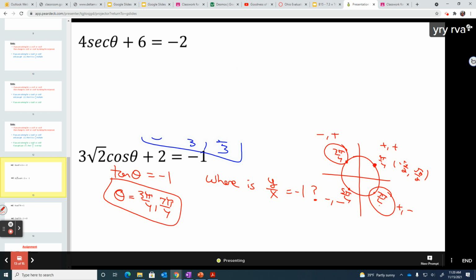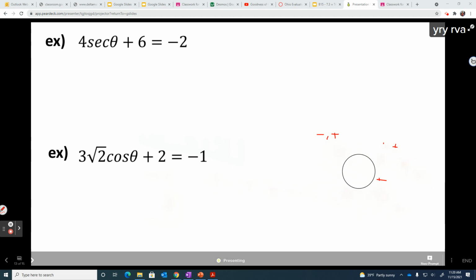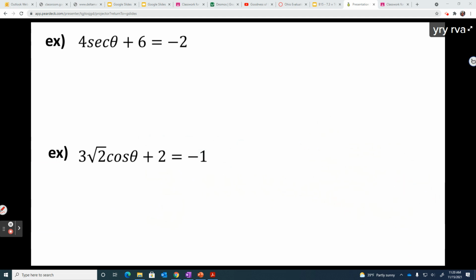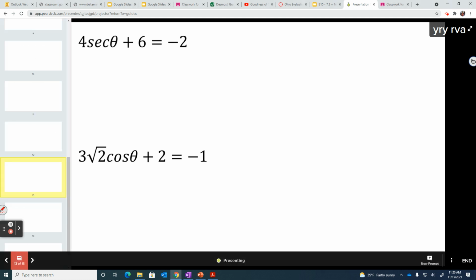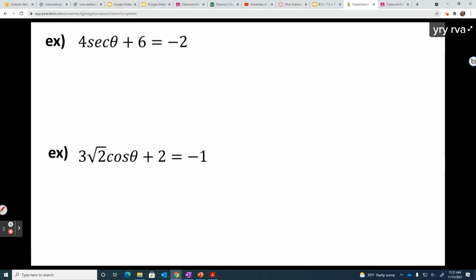All right. So for example, this one, let's do it as we're going here. So if we're asked to solve for a secant, in this case, it could be a cosecant either. All right. First thing we would probably do is just get the secant by itself, right? So we're going to minus our 6. 4 secant theta equals negative 8.